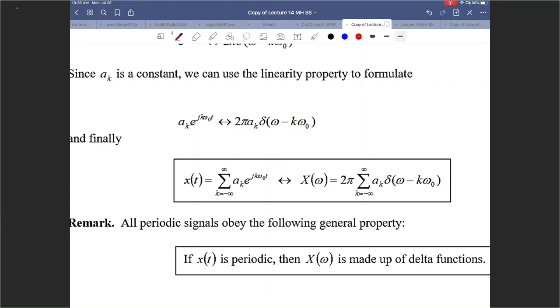The Fourier transform of that is simply going to be all of these pieces here with an addition of the summation over here. And that summation only depends on k, so I can pull out that 2 pi factor outside of that summation. So 2 pi summation k equals minus infinity to infinity, a sub k, those are the Fourier series coefficients of x of t, multiplied with delta functions, impulses present at k omega naught.